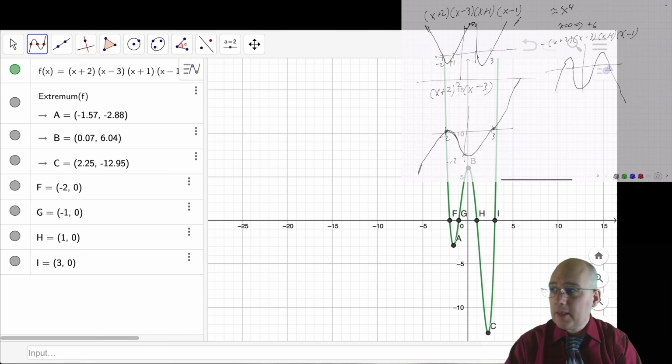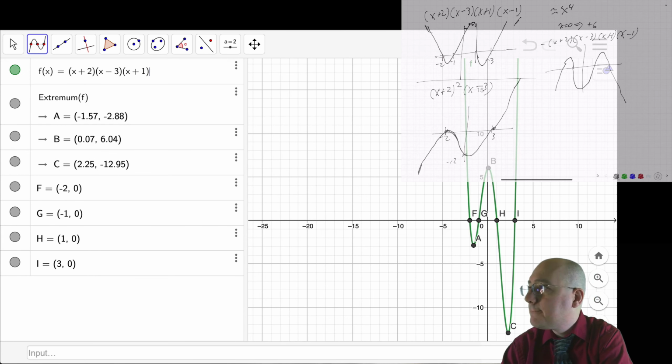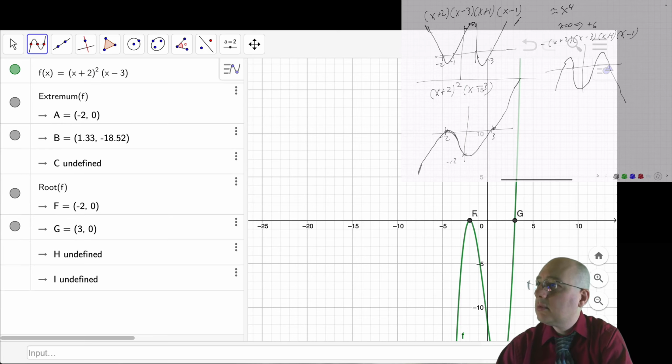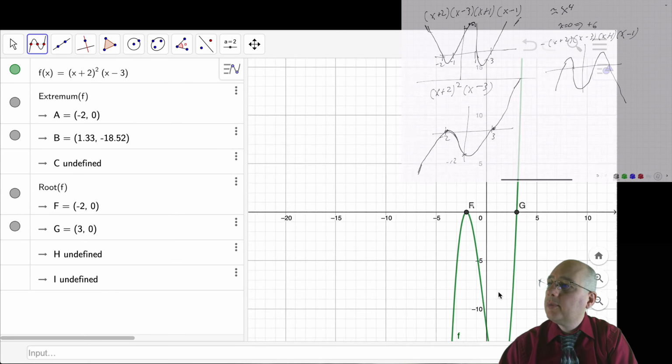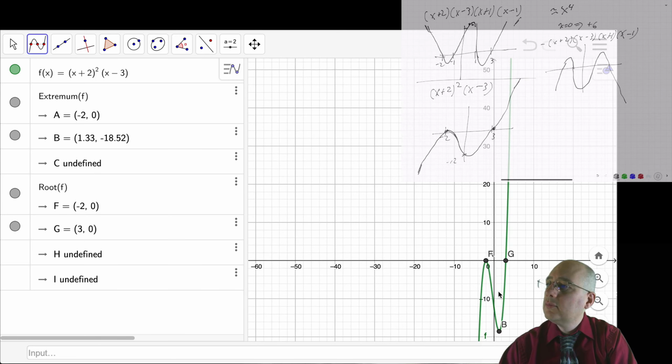All right, and we can see that in GeoGebra. Just delete all that, and there we go. So you can see how it bounces here. So you have your maximum at a root. Goes like that.